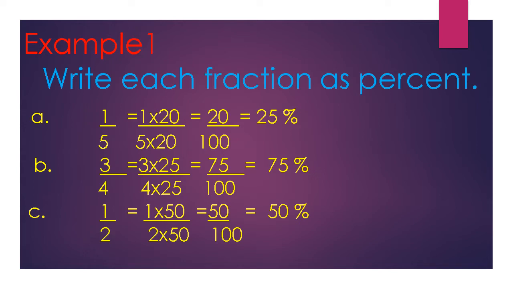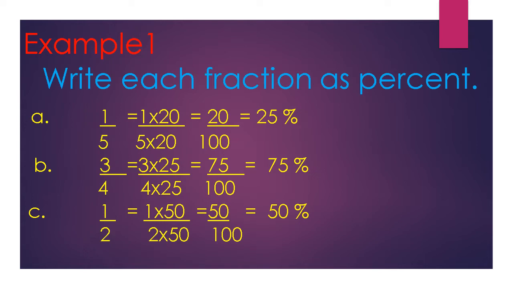Letter A, 1/5. So we are going to think of a number that if we multiply the denominator, the product is 100. So the number is 20. So we are going to multiply the denominator by 20. 5 times 20 is equal to 100, and the numerator 1 times 20 is equal to 20.